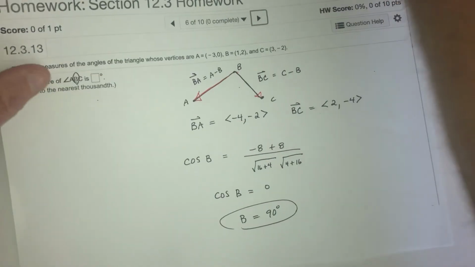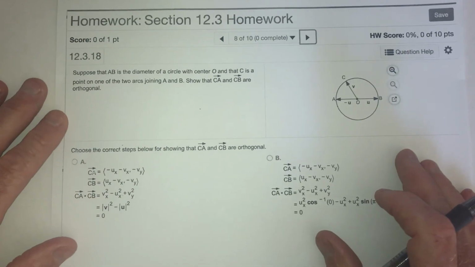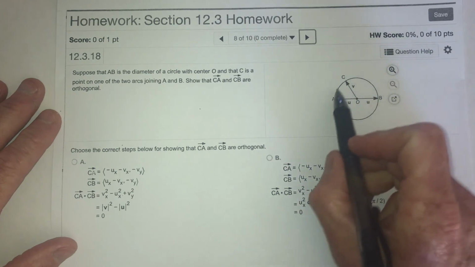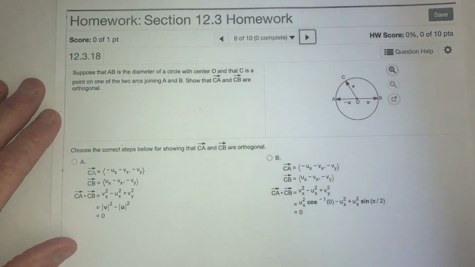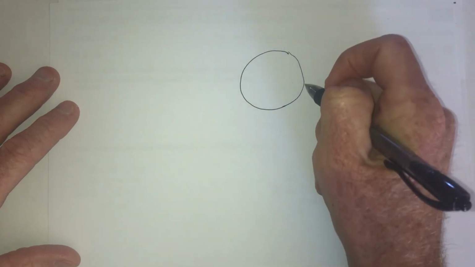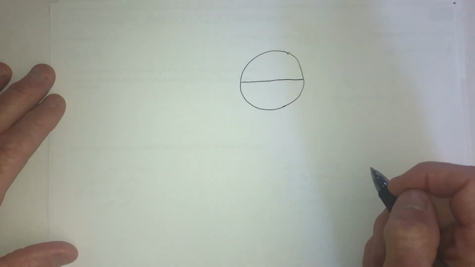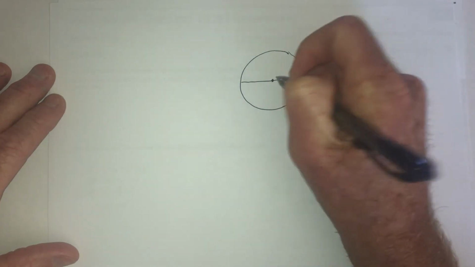Okay, two more examples from the homework. So you've got a circle. There's a fact from geometry that they're trying to illustrate. You have a circle, and let's say this is the diameter of the circle. Right here is the center.